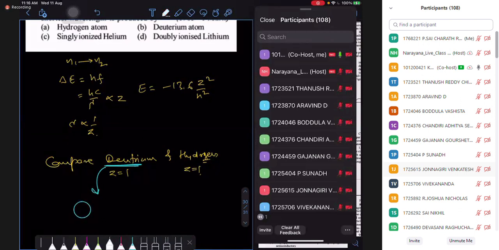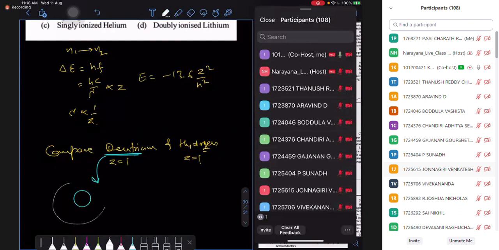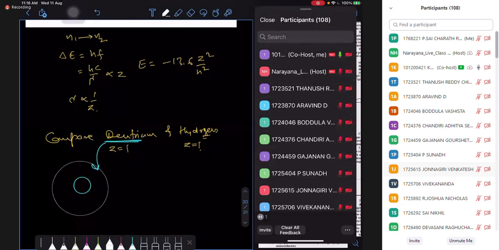As long as I consider the nucleus stationary, there is no difference between them. If the nucleus is stationary, both are going to have the same wavelength. But if I assume that the nucleus is movable, so there is motion in the nucleus also, then the answer is going to be different.